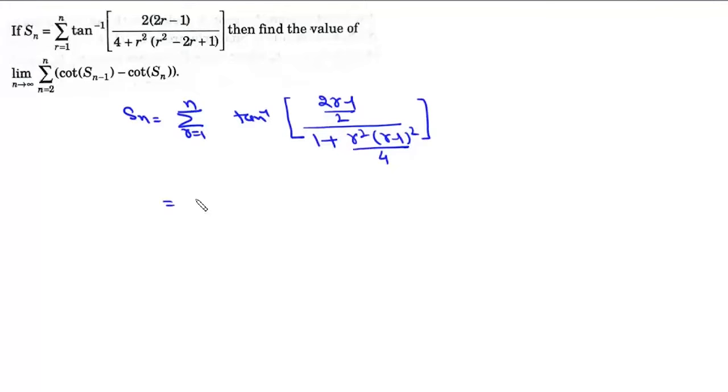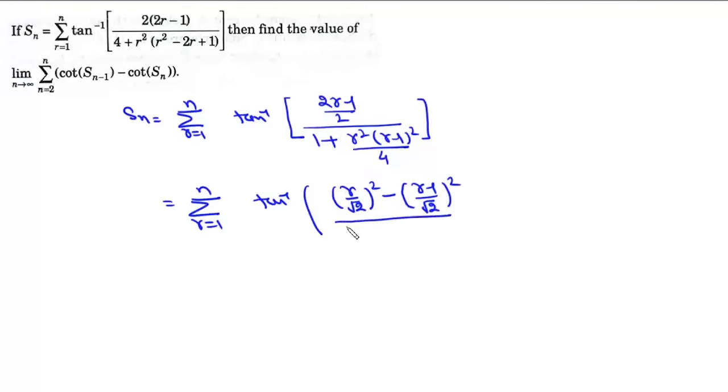Now we can simplify this as this summation r varies from 1 to n, and will be this tan inverse r by root 2 square minus r minus 1 by root 2 square, and here it will be 1 plus r by root 2 square and r minus 1 by root 2 whole square. Now this is tan inverse x minus y upon 1 plus xy.